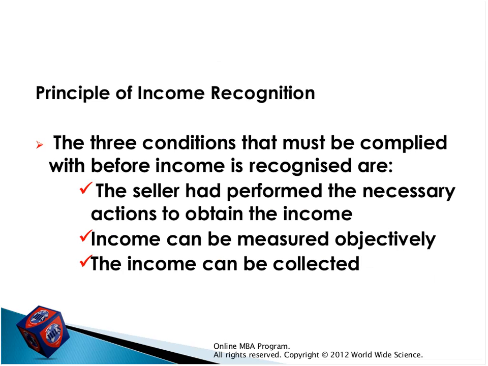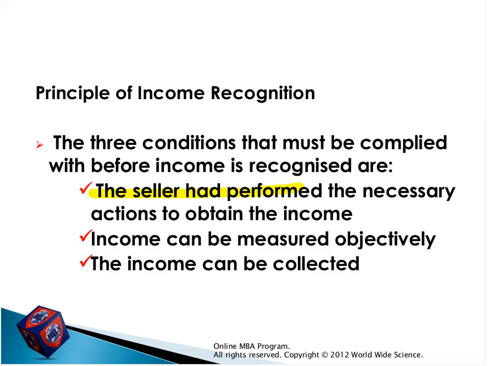So we recognize the income first when the seller, or the company, for example, has performed the necessary action to obtain the income, which means it has already made some sales, right? Just find the customers, drive the goods to the shops or retail companies and try to sell them. Or, for example, after that, maybe sign some contracts to sell the products.